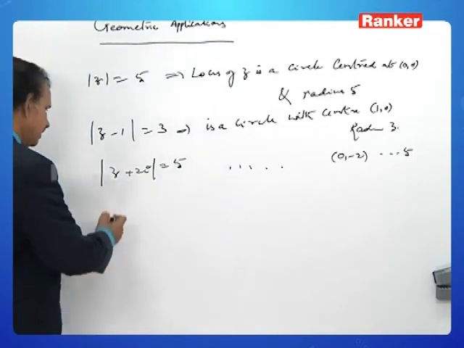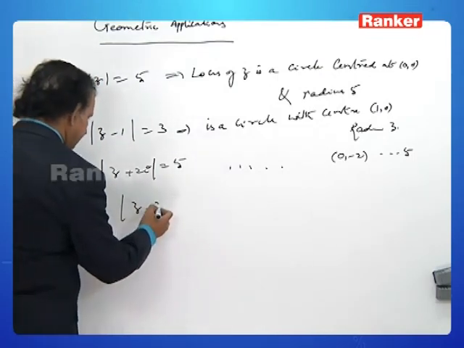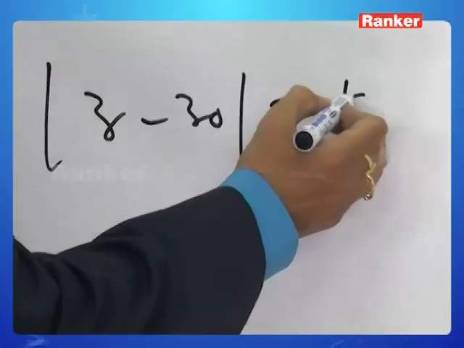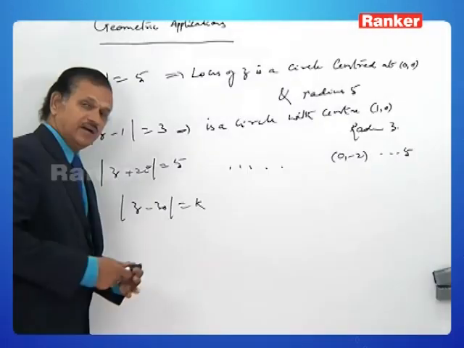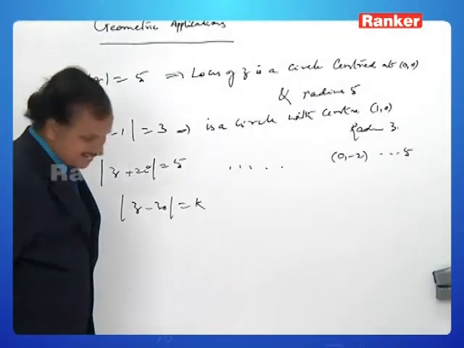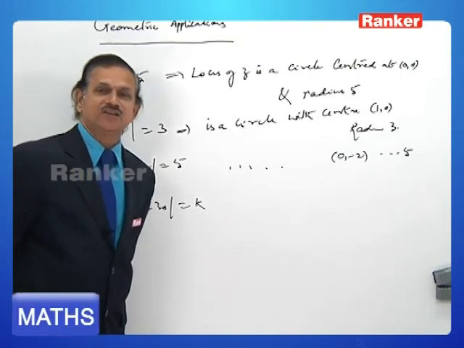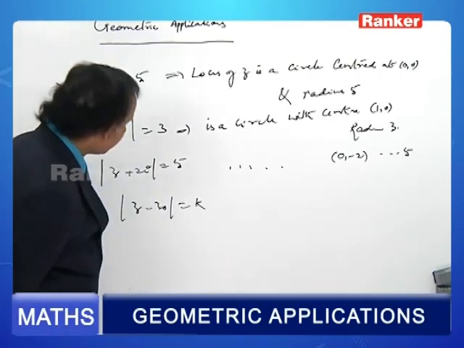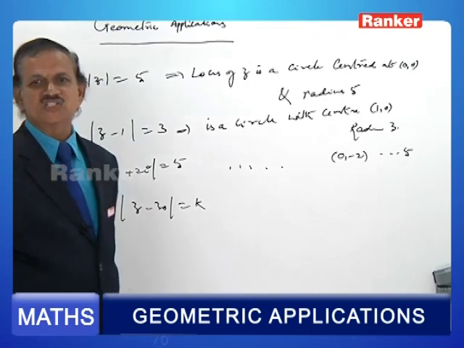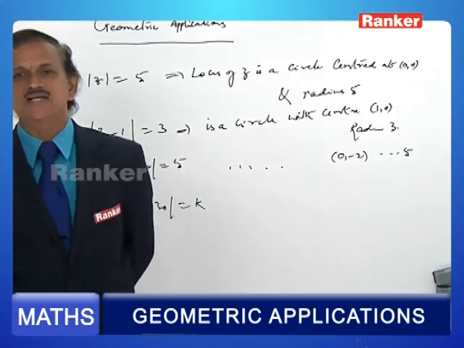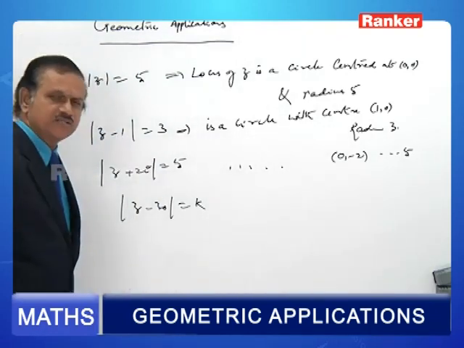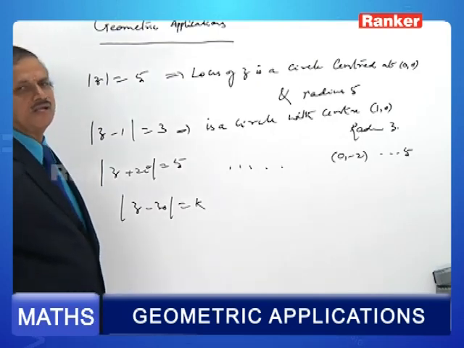And in general, the most general concept: modulus of z minus z naught is equal to k. What is this? It is nothing but a circle with center z naught and radius k. You can take z is equal to x plus iy and z naught is equal to a plus ib.